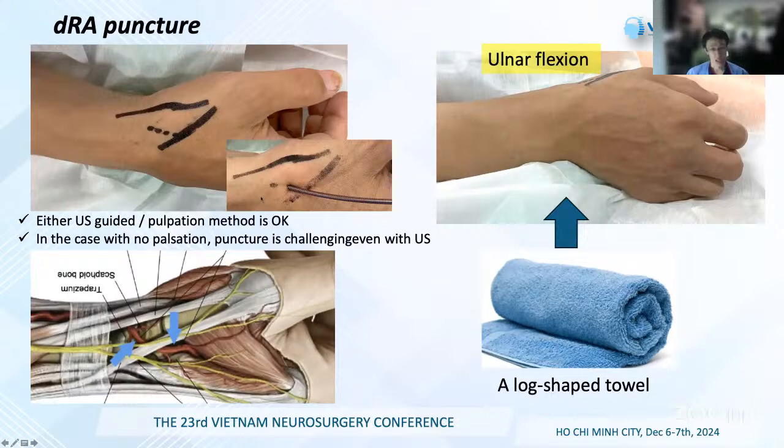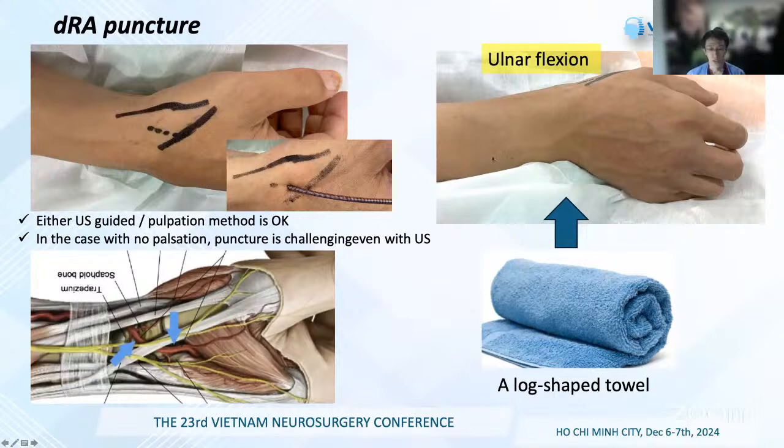So this is the picture of the puncture. I drew the two tendons and the snuffbox, and this dotted line is the radial artery. Either ultrasound guidance or the palpation method is okay, and I prefer the palpation method, but either is fine.